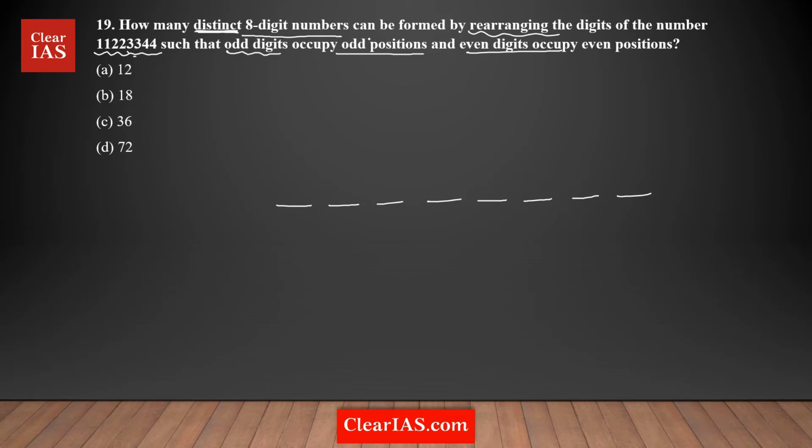So let's start with the first condition. I'm just naming the positions here. This is the first position, second one, third one, fourth, fifth, sixth, seventh, and eighth. Odd position means what? The first, the third, the fifth, the seventh. I'm just taking the odd positions, and these positions are occupied by the odd digits.